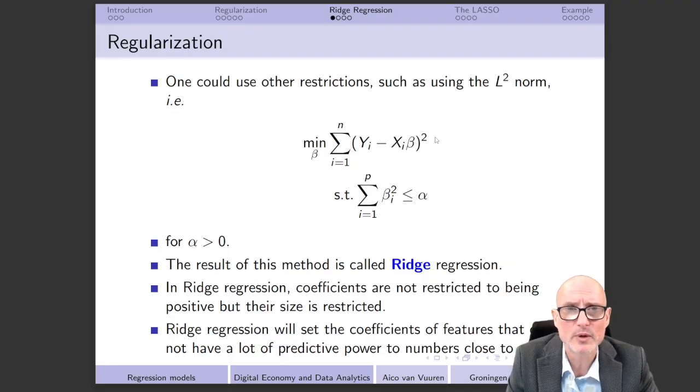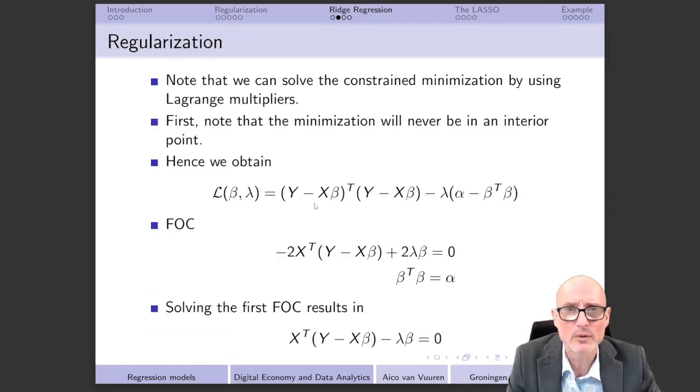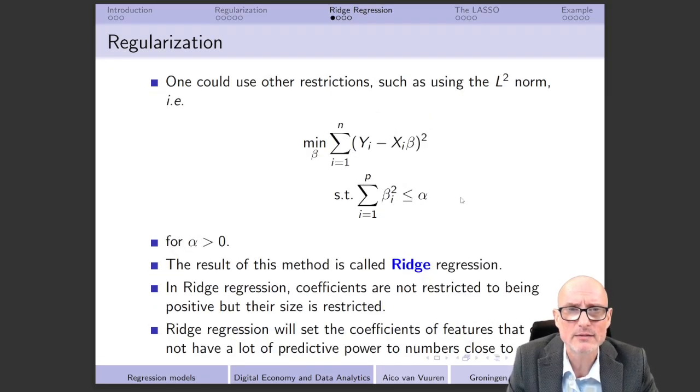Suppose that you already know that in matrix notation you can write it in this format: y minus x times beta transpose multiplied by y minus x times beta. And then we have to subtract from that lambda multiplied by the rewritten restriction that we have over here.